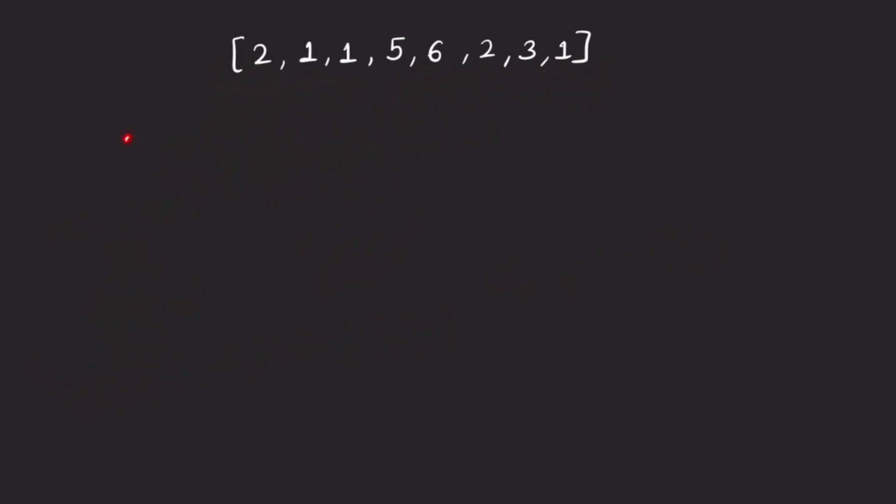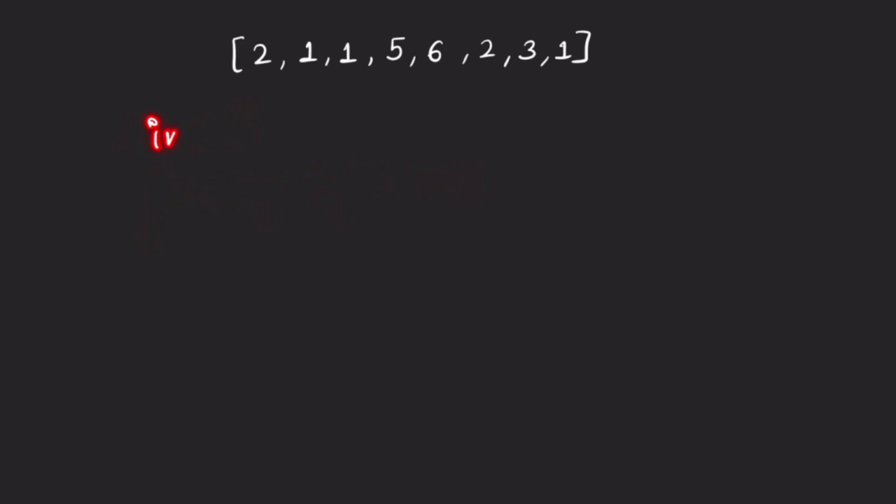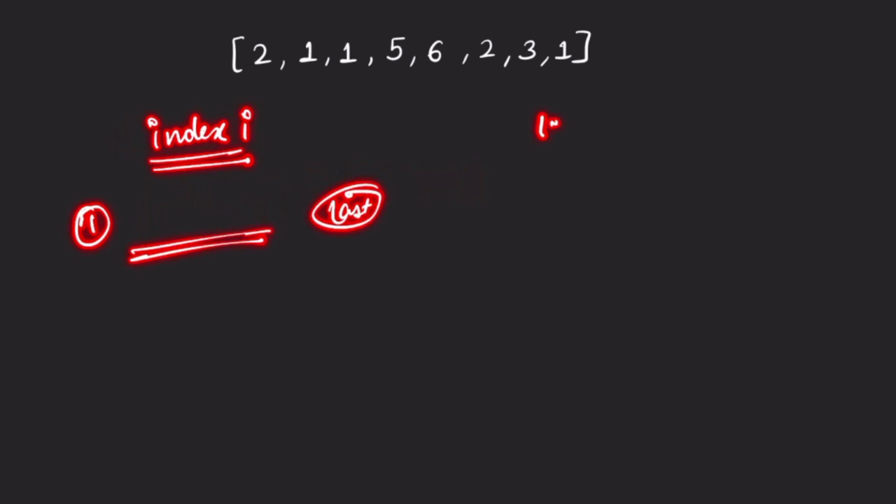So now, what is a mountain array? What are the conditions for it? The first condition is that the array length should be at least 3. The second condition is that there must be some index i which is not the first element and not the last element. It should be in the middle, and that is why we are saying that the length should be at least 3, right?